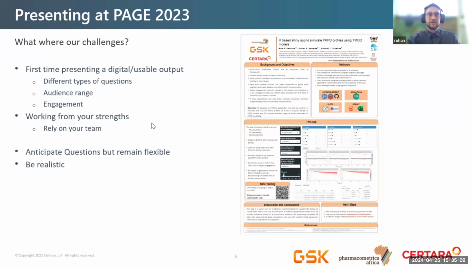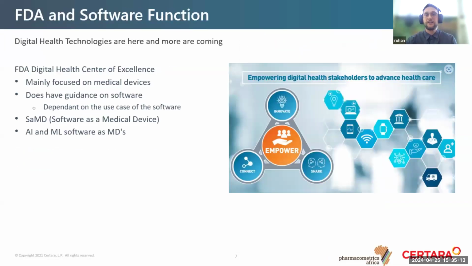And then my last slide from my side is to just bring this all back again to the regulatory side of things. So the FDA actually does have a center for digital health excellence. It's called the Digital Health Center of Excellence, and it's mainly focused on medical devices.